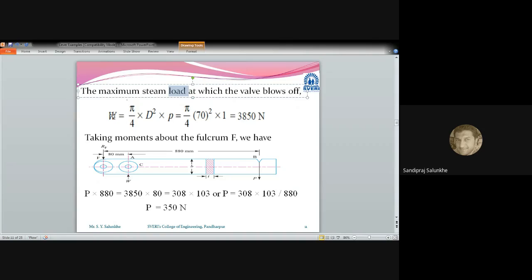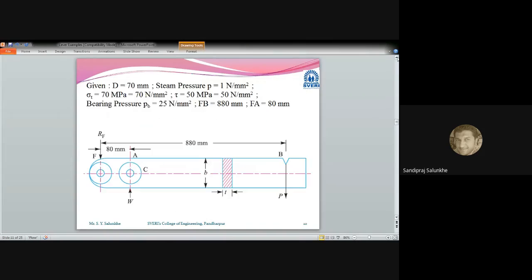So when we calculate the W, this W is nothing but pressure intensity multiplied by area. Am I right? And the intensity of steam pressure is 1 Newton per millimeter square. We are going to multiply it by the area. This area is of circular nature. That's why we are going to calculate that area as pi by 4 capital D square, where capital D is what?